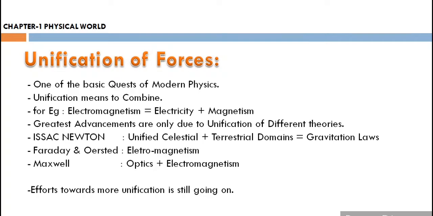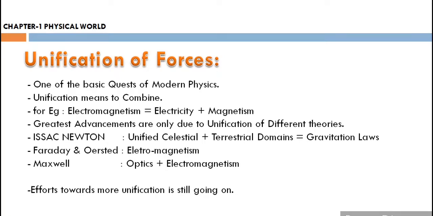Gravity is a force which is present on our earth as well, and it also governs the celestial processes. Celestial processes means processes which are occurring in space. So if you want to study celestial motion, you have to study gravity.